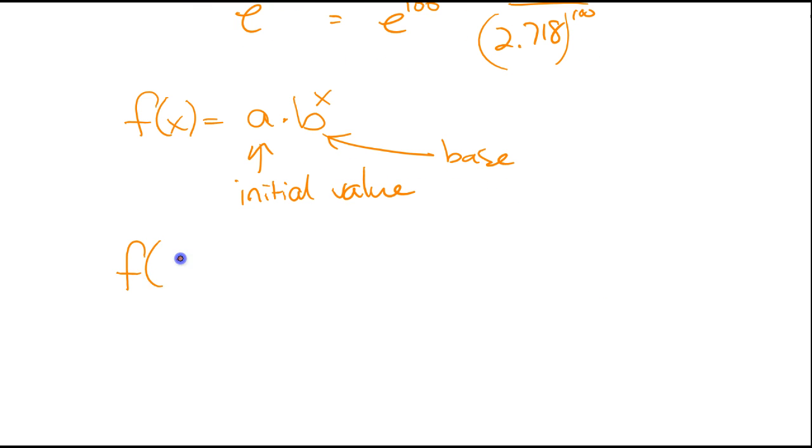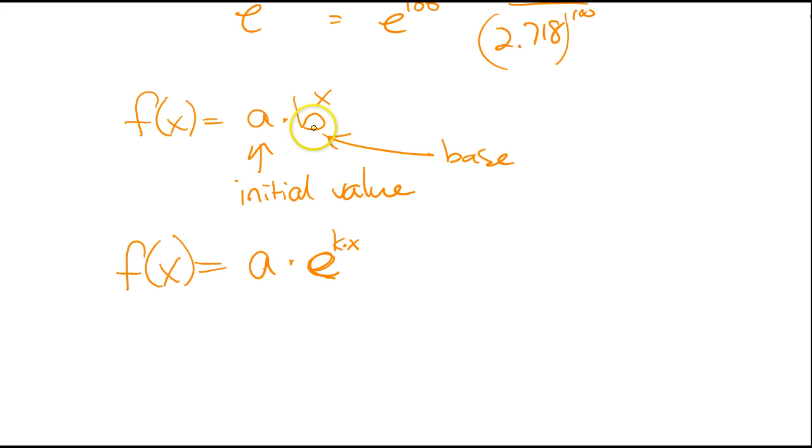So for the exponential function, the full version is A, an initial value, times e, because now we're using e as our base. But I need to be able to tweak these values a little bit better. I could pick any base here and calculate my initial value and then graph it and use whatever x values I needed.